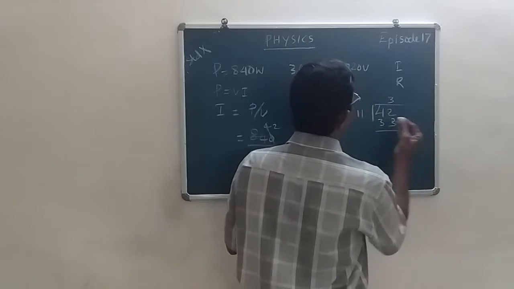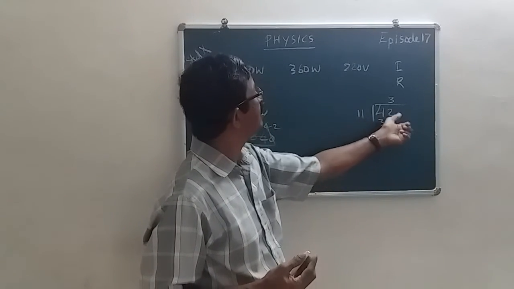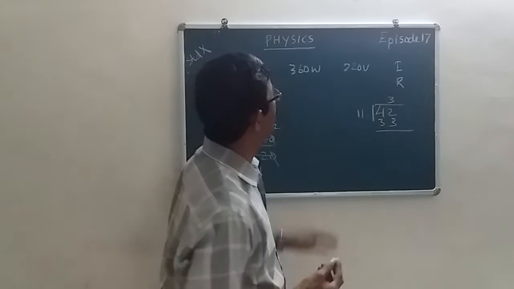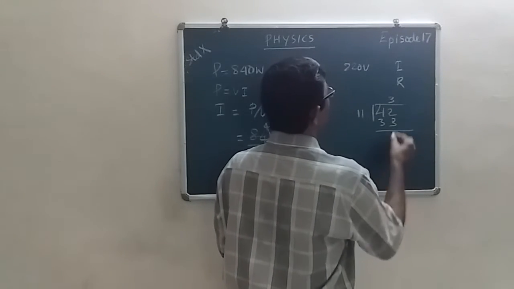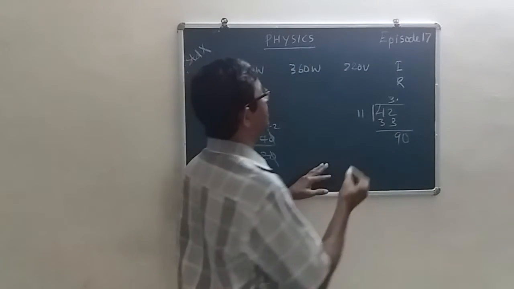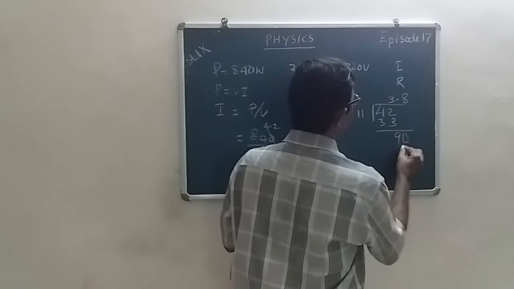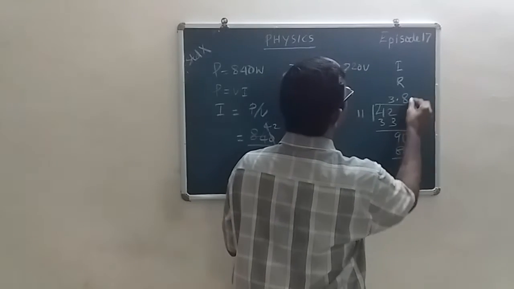Now we can work out how much this will come to. From 42 we take 9, decimal 0. In 90, 8 times 11 is 88, leaving 2, and 0, 1.